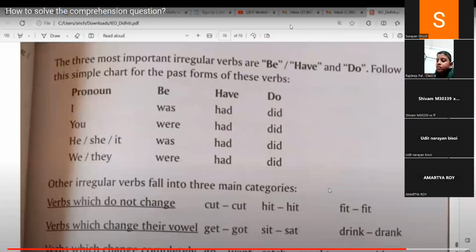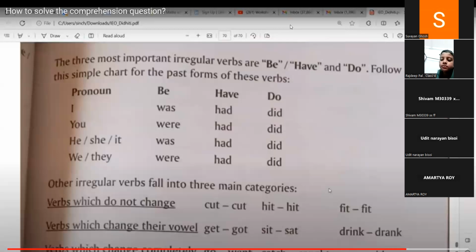But in case of irregular verb, it does not place d or ed, but the full word changes, like eat, ate, eaten, write, wrote, written, etc.